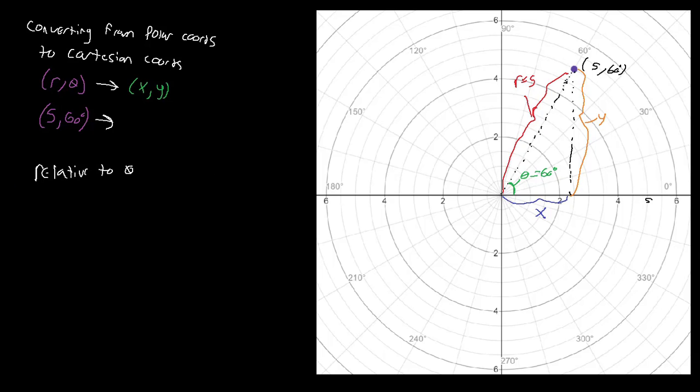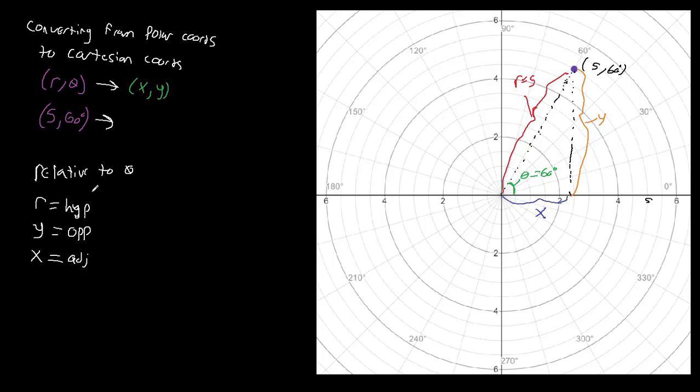R, which is the distance that we were given in our original polar coordinates, this is the hypotenuse. Hopefully you can see that. Y, again relative to our theta here, is going to be our opposite. And then x, again relative to theta, is going to be our adjacent. So I've just laid out, relative to this angle, opposite, adjacent, hypotenuse. Okay? So hopefully that makes sense.